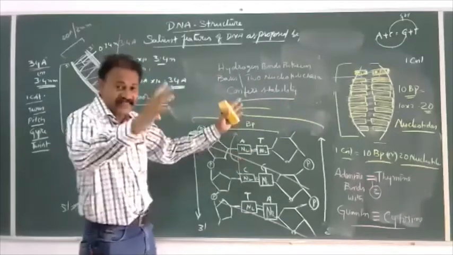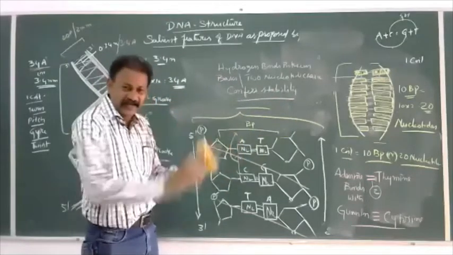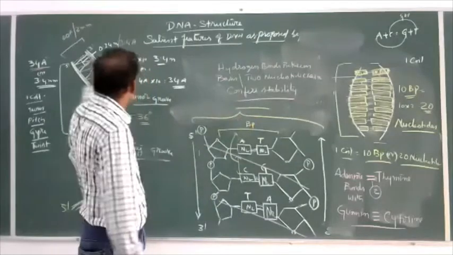So the hydrogen bond is holding these 2 chains together and maintaining this width.